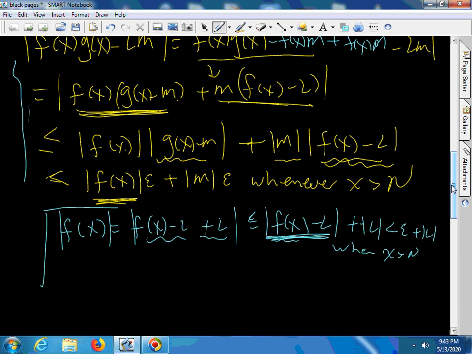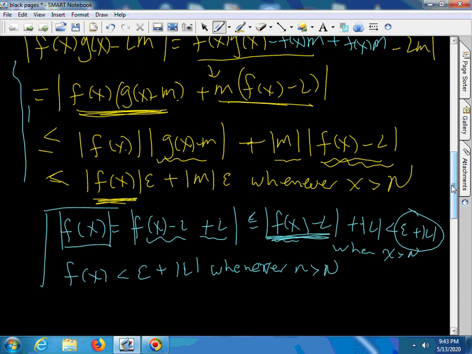This is less than epsilon only when x is bigger than N. So f(x) is less than epsilon plus the absolute value of L whenever x is bigger than capital N. Okay.